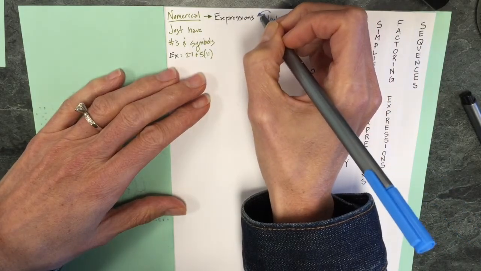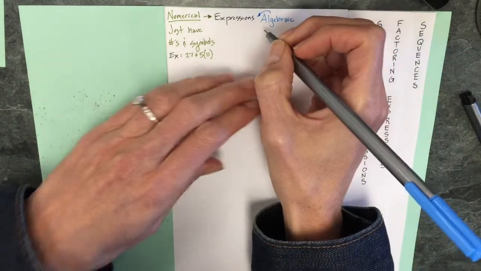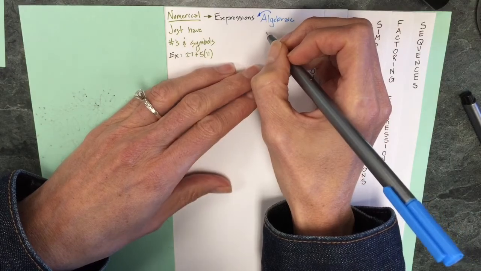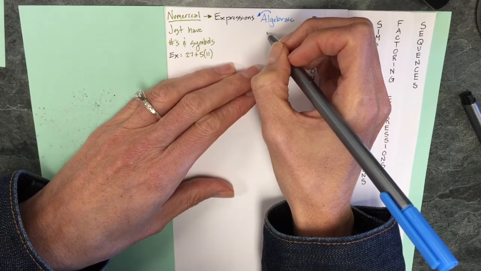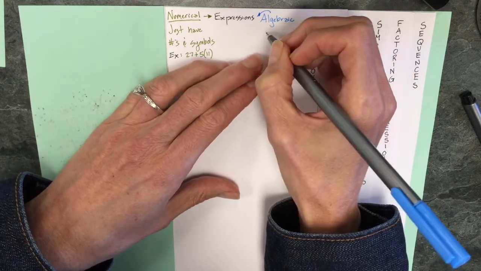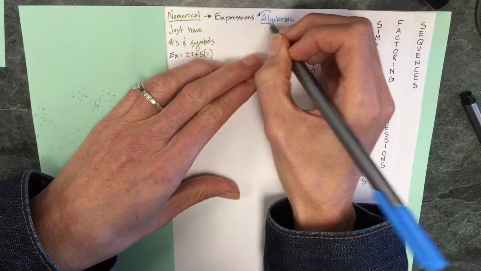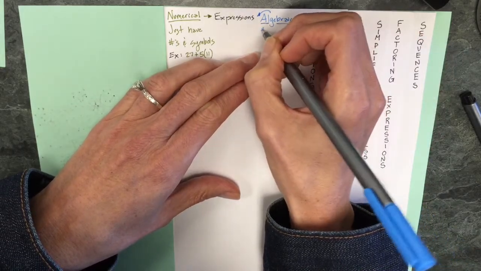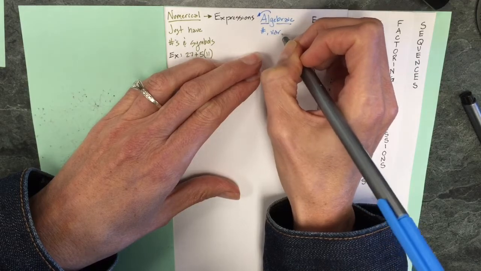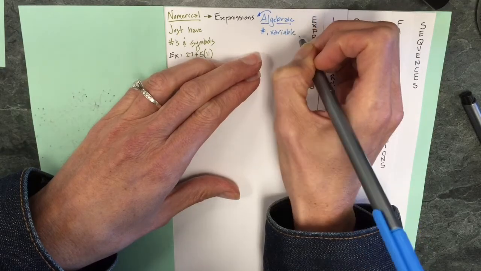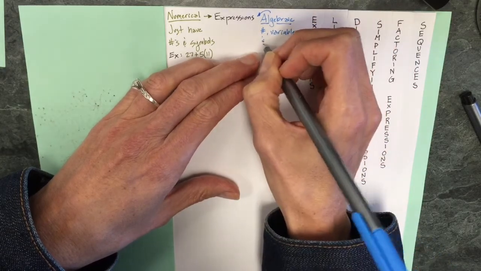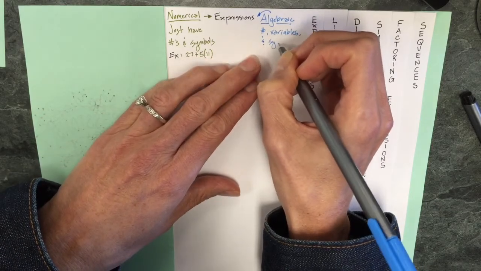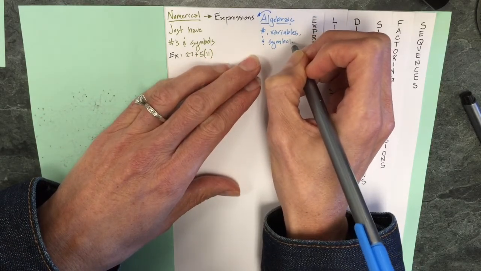An algebraic expression is a little bit different. It has numbers, variables, and operation symbols.